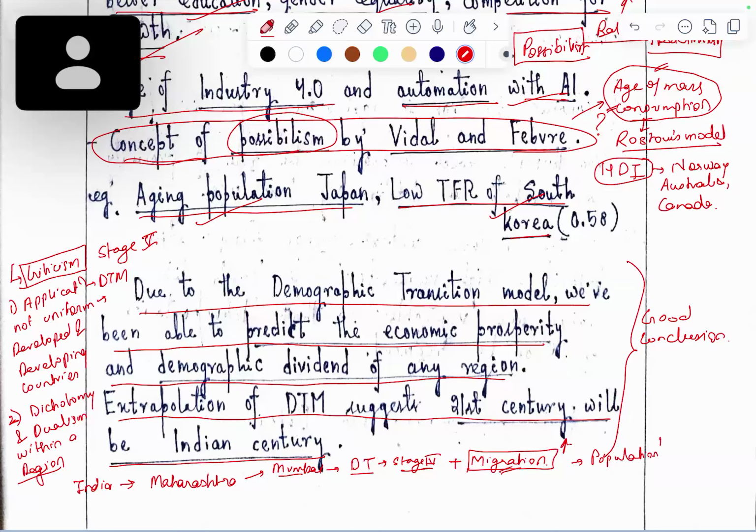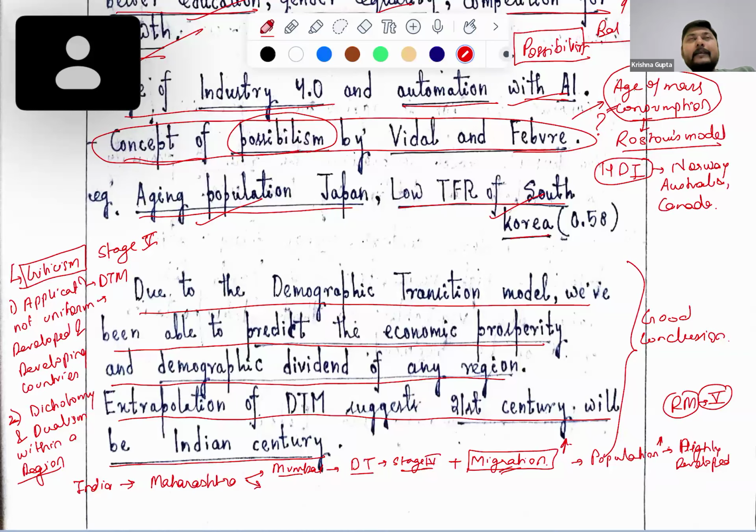Plus, we'll see that this region is highly developed. If we take the Rostow model, it is present in stage 5, that is the age of mass consumption. But if we take another city or district, for example Akola, under the demographic transition it is under stage 3, where the birth rate is still declining.